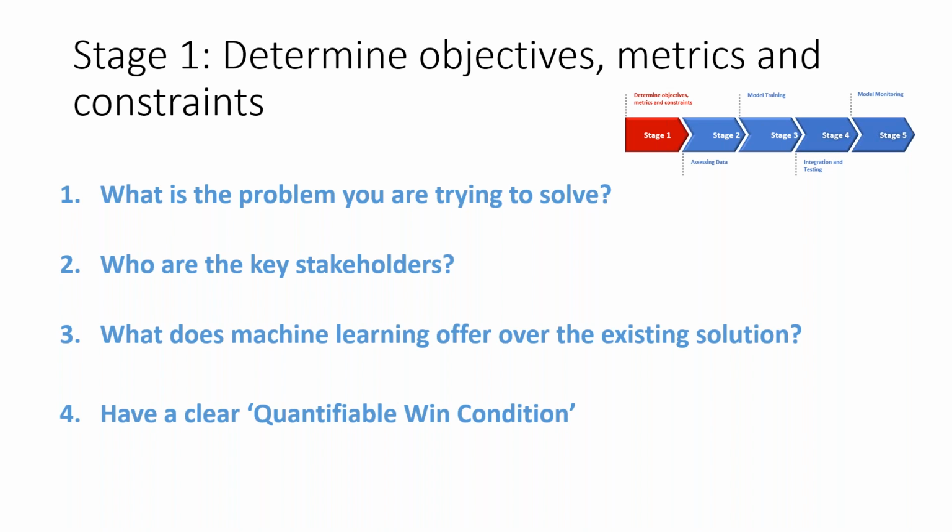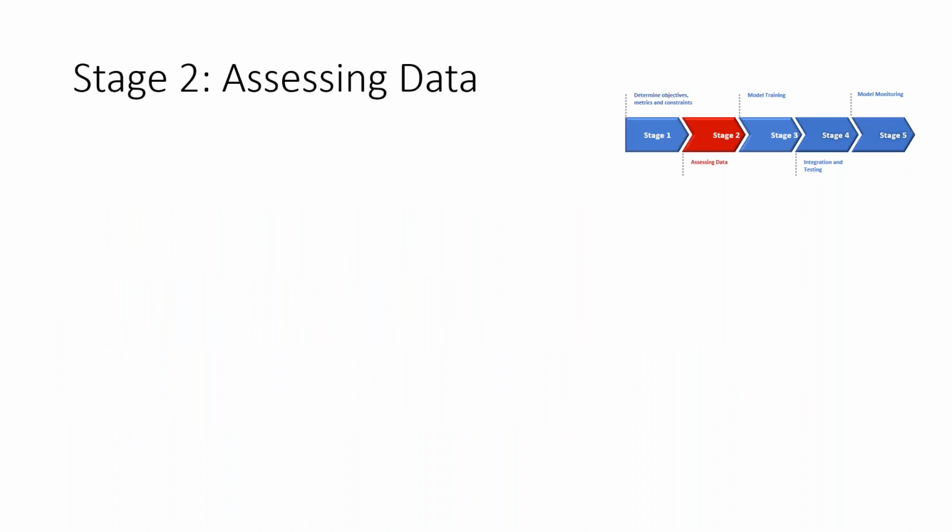Stakeholders are important. If machine learning doesn't offer anything more than the existing solution, don't even go after it. And for every project, before you start, have a quantifiable win condition and articulate it. Then you know you are going in the right direction, and whenever you stop, you know, yes, I have achieved what I wanted. So that is the first stage.